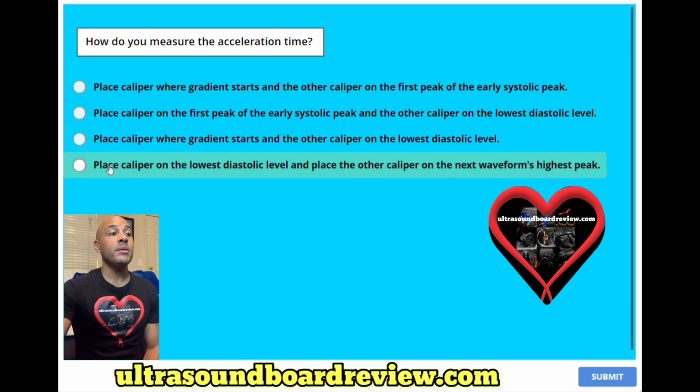Or is it D, place caliper on the lowest diastolic level and place the other caliper on the next waveform's highest peak?